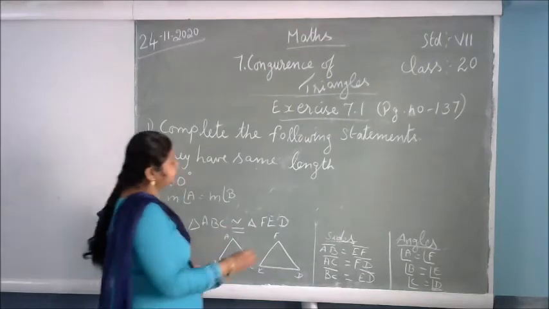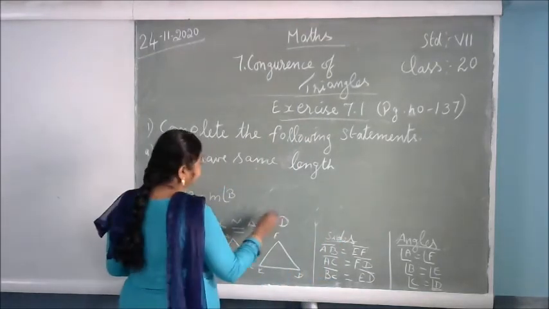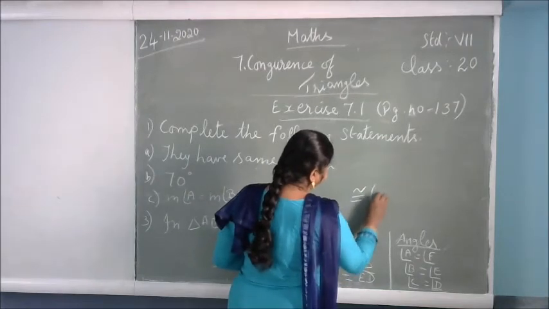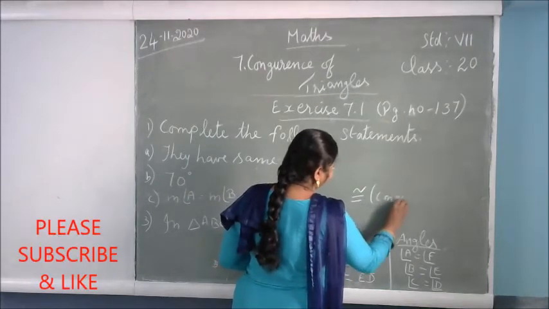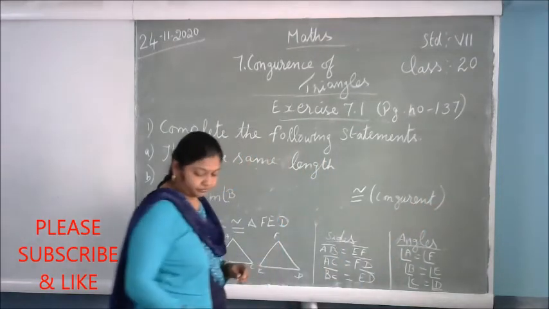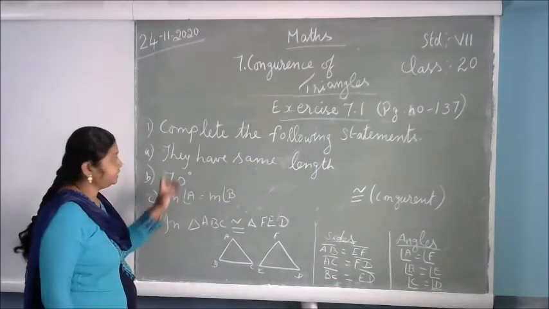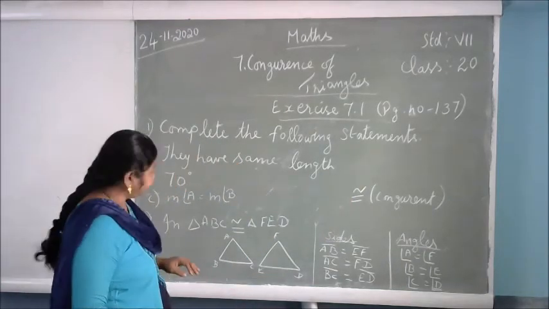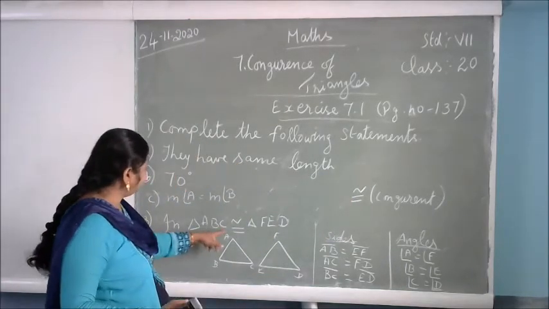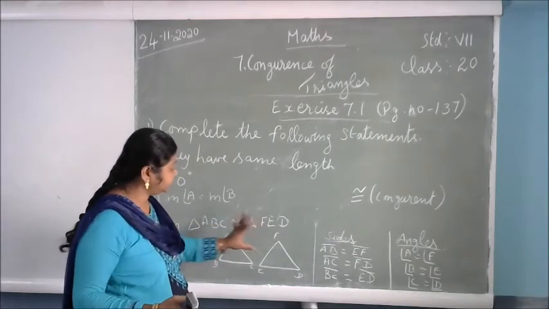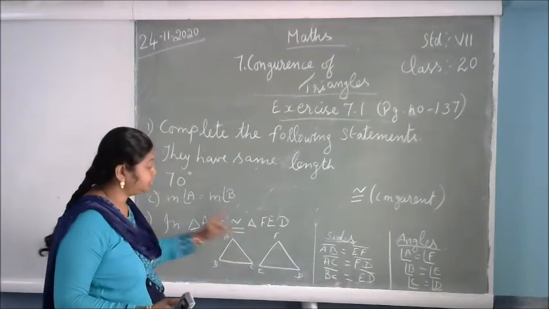See here, this is the symbol of congruent. You have to write the symbol of congruent in the definition only. I forgot to write it here. Then afterwards, see here, triangle ABC is congruent to triangle FED. Which parts are equal? You should write.